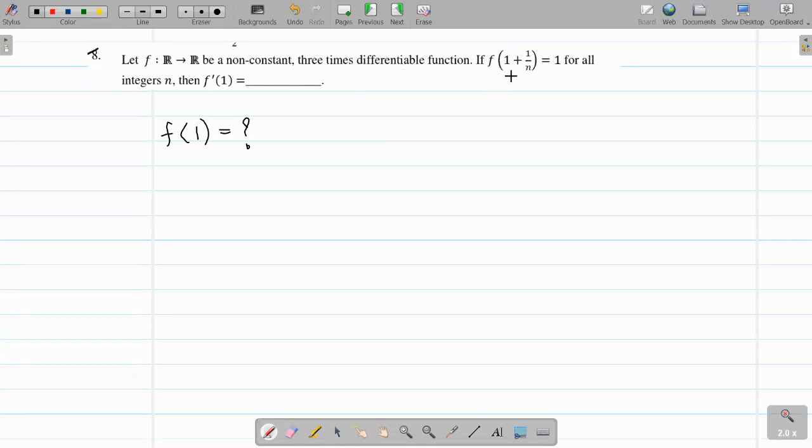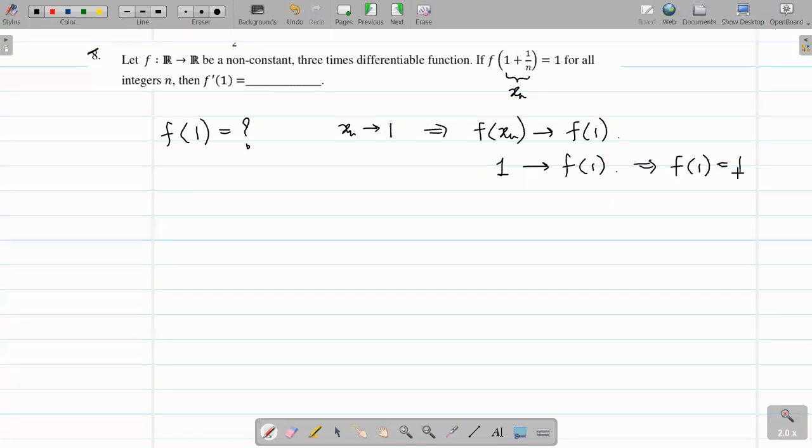So if you have a sequence, I can say xn, such that xn is converging to 1. 1 plus 1 by n goes to 1. This should imply f of xn should converge to f of 1. But what is f of xn? F of xn is the constant sequence 1, right? And I am saying that it must converge to f of 1. But the constant sequence 1 converges to 1. So this tells me that f of 1 has to be 1. First observation.